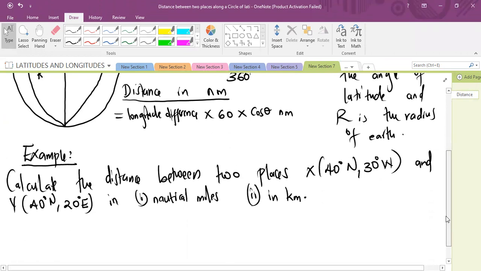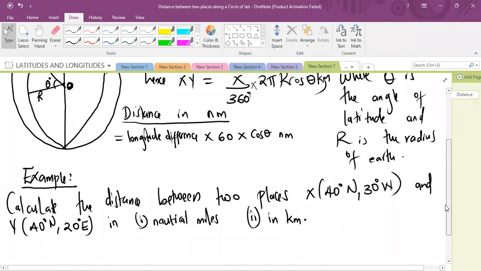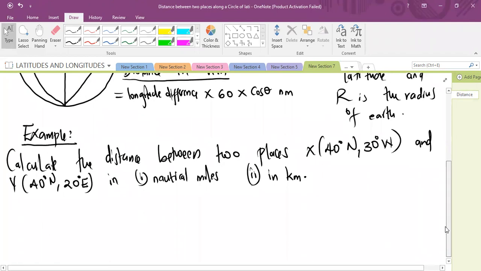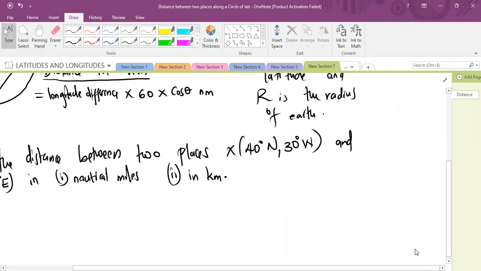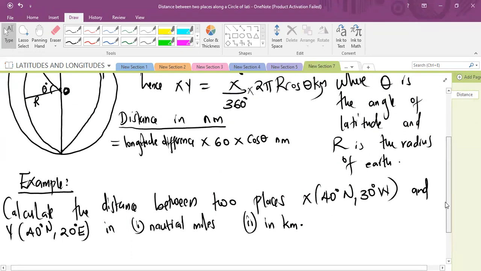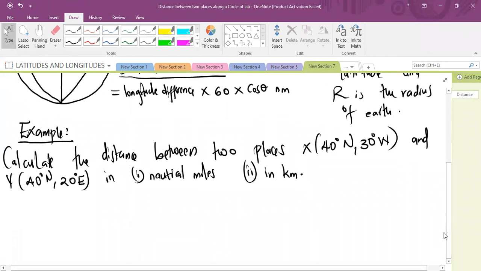Now, how do we get the distance in nautical miles? Here is the formula: longitude difference times 60 times cos theta, where theta is the angle of latitude. Okay, so coming to evaluate that in nautical miles, we are going to have the longitude difference.